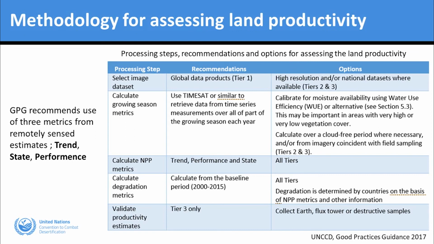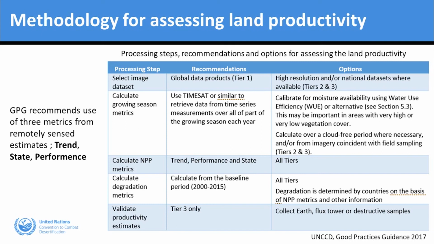If the country parties would like to use alternative data sources for assessing land productivity, they should follow the UNCCD Good Practice Guidance. In this guidance, you can find a roadmap and recommendations for processing steps that should be followed.